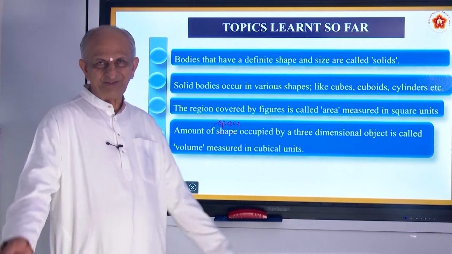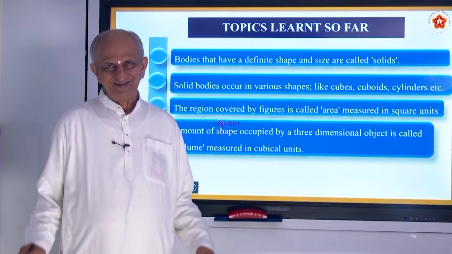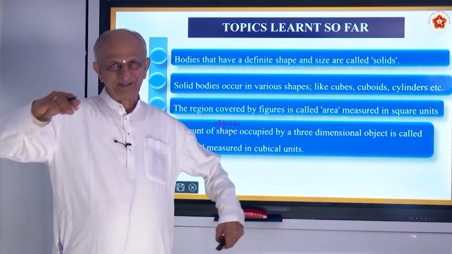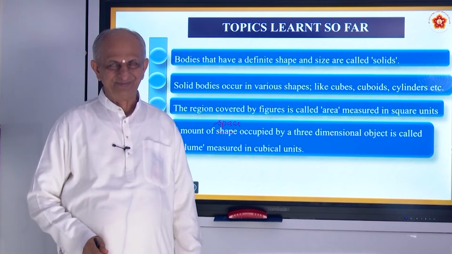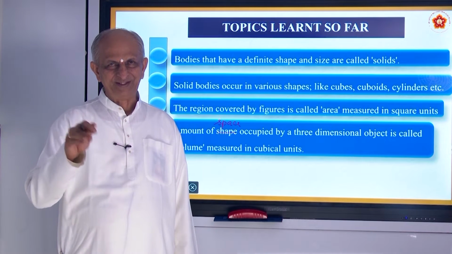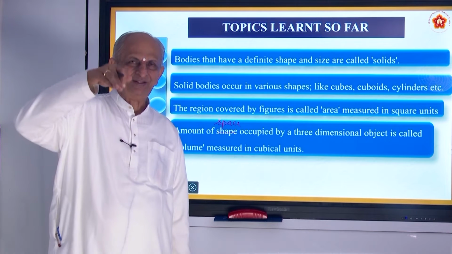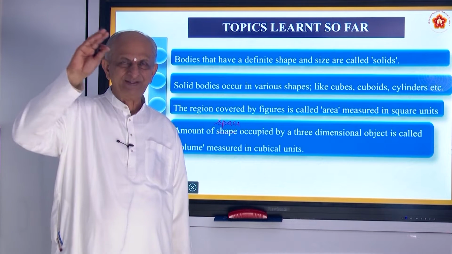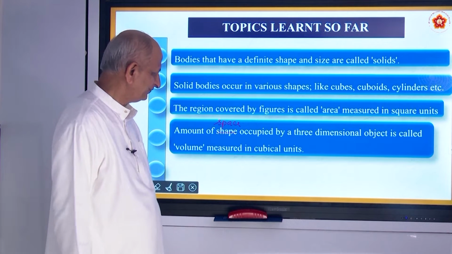For example, you are all sitting there. When you are sitting there, it has some length, some breadth, some height. That space is covered. Before you are sitting there, the space was empty. After you are sitting there, the space is filled. That's what we call volume.